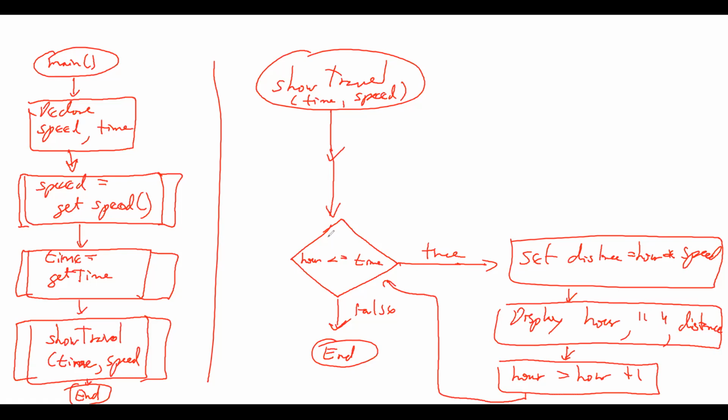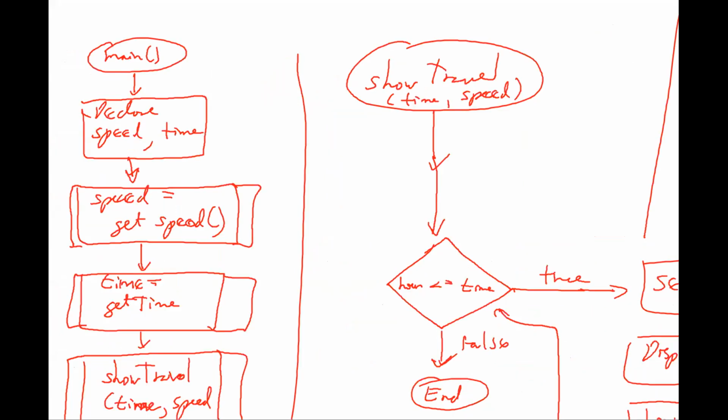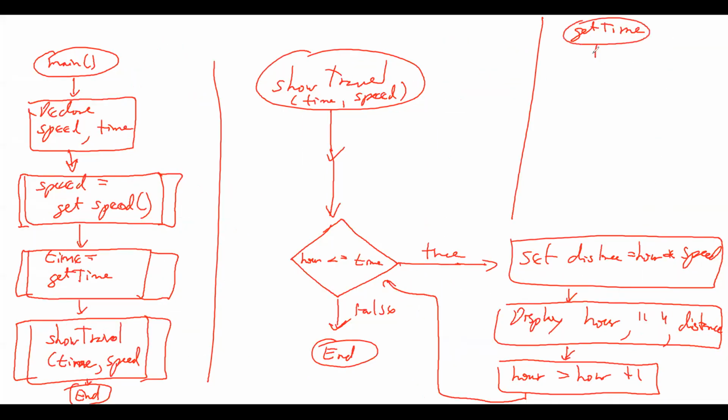And the other flowchart should be pretty straightforward. You just have to do the display, the input, and the return. So both of those are exactly the same, so I'm just going to do one of them. I'm going to do the get time. Get time.